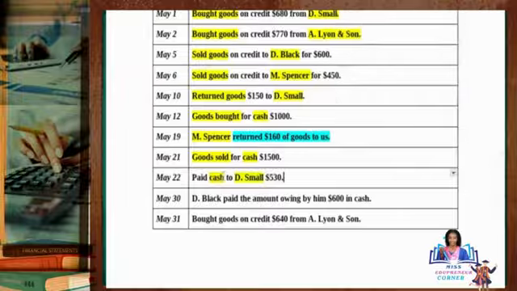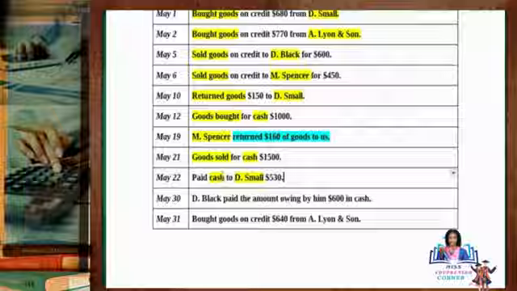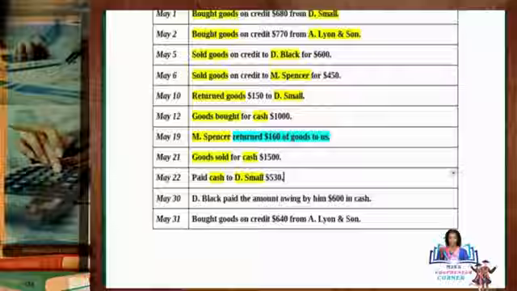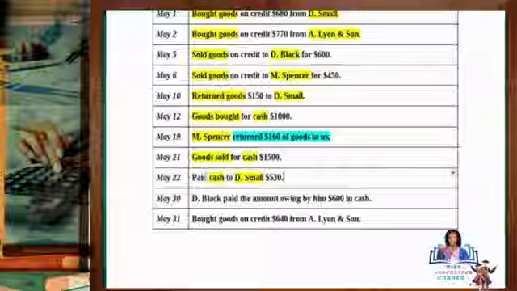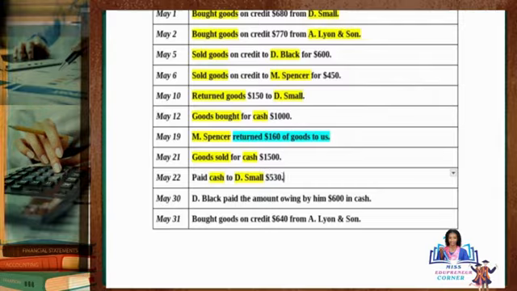So cash is an asset, and the asset is decreasing as a result of it being used to pay the business creditor. So we need to credit our cash account to show that money is taken out in order to repay D Small, the creditor.